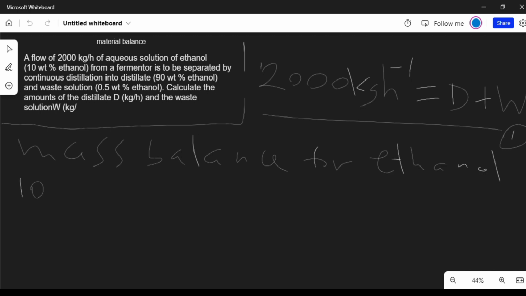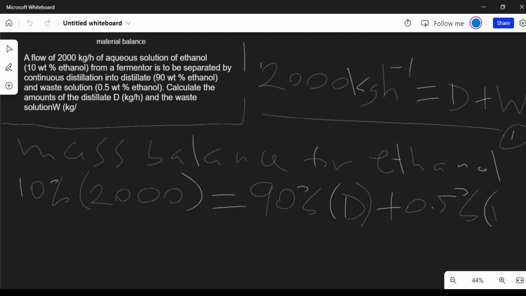We need 10% of ethanol out of our total input value, which is 2000, being equated to the output in the distillate. From the question, it says that the distillate was made up of 90% ethanol. So it means that 90% of the distillate is ethanol plus 0.5% of the waste solution also being ethanol.